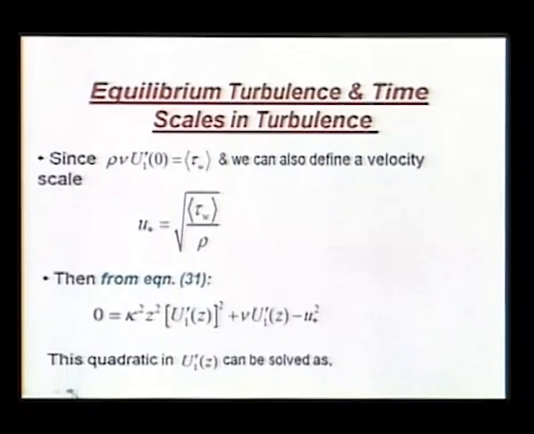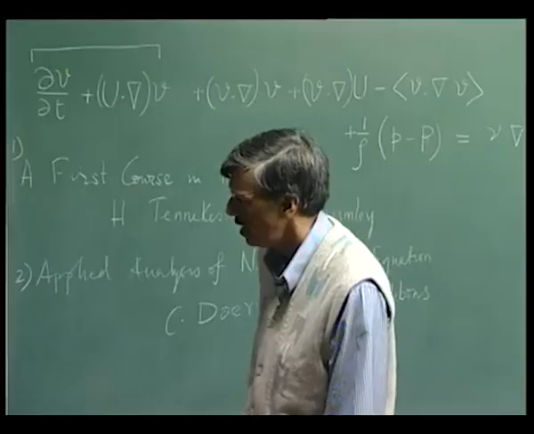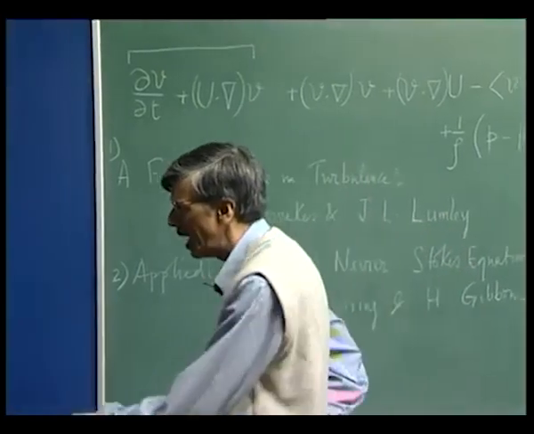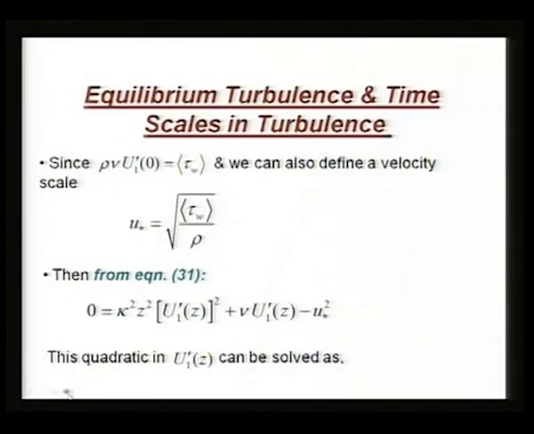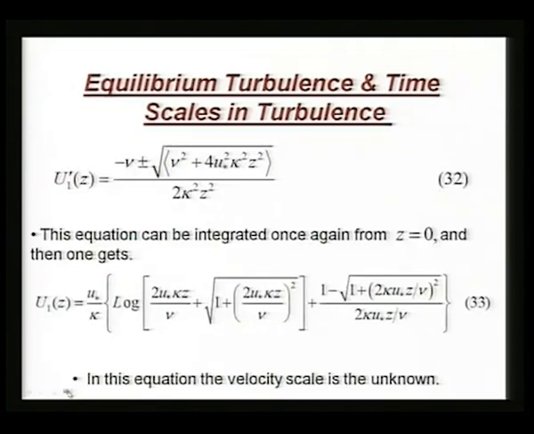So, substitute that expression, and you get this equation, that is the quadratic. Okay. So, we have just introduced the friction velocity, and we have obtained a quadratic for u1 prime(z), and that is your solution, straightforward.